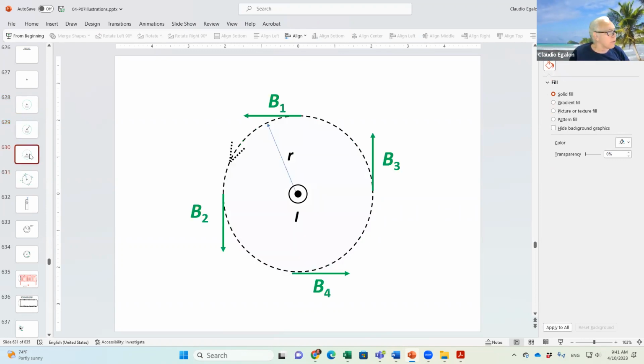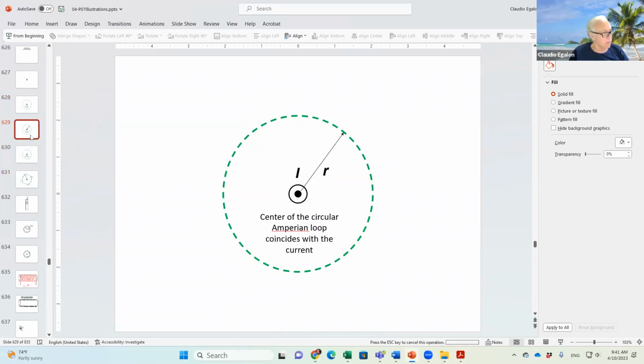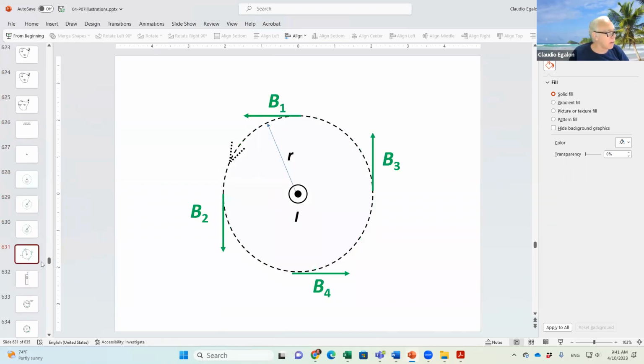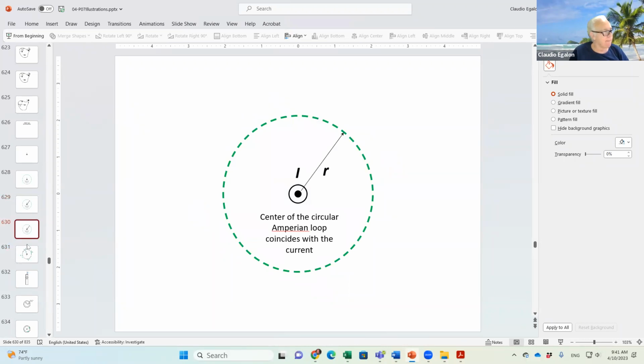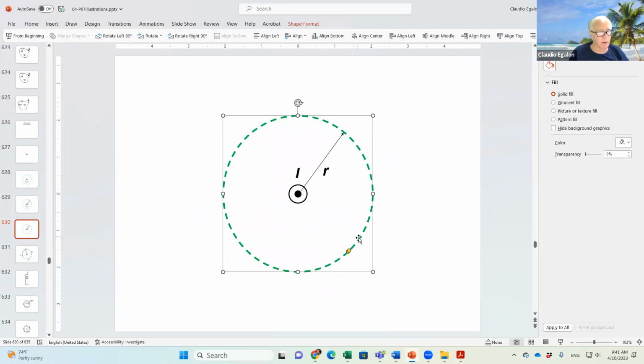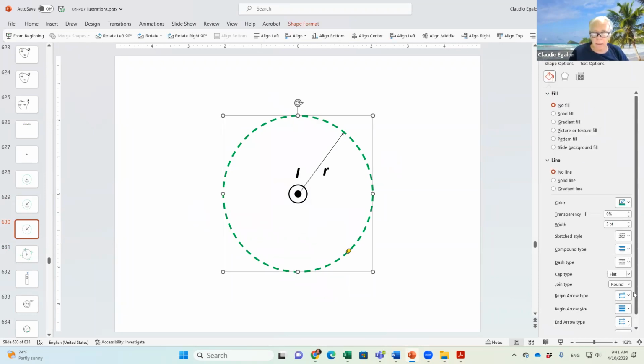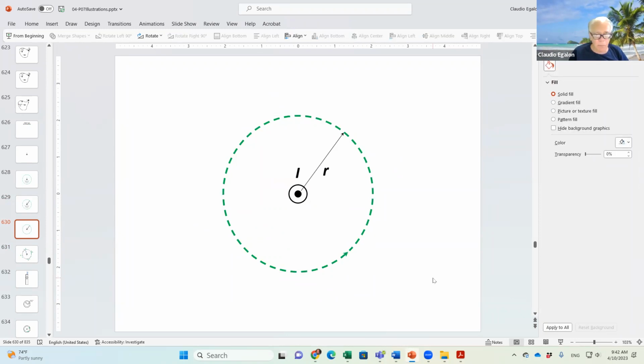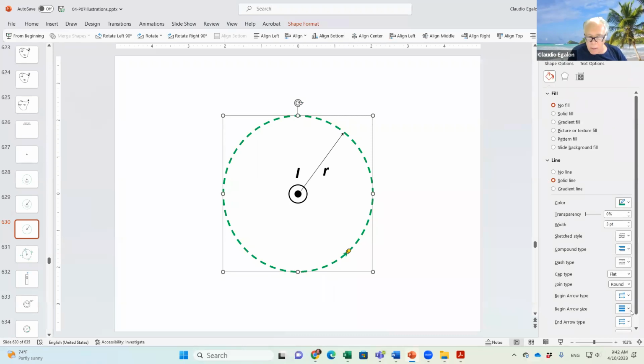Next, we have to choose the direction of the loop. I don't need that anymore, so I can erase it and make it simpler. Now I'm going to put the direction of the loop. It's too small, so maybe I should increase it.